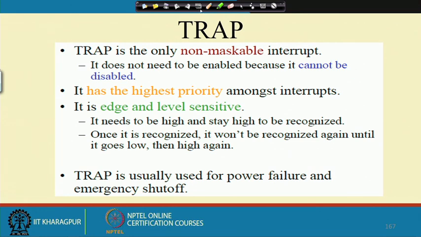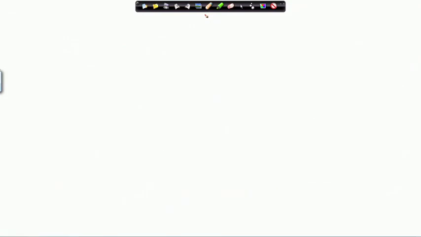The important thing to note is that it is both edge and level sensitive. So, for sensing of this interrupt, the edge should be there and the level should also be considered. It is like this.